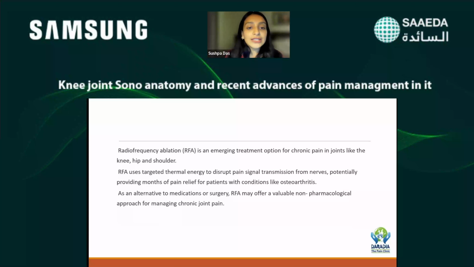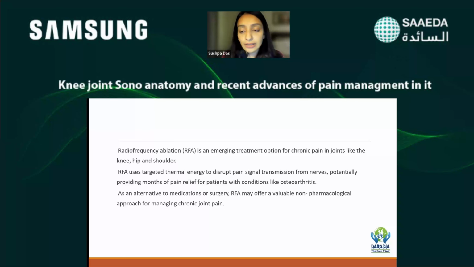So what is radio frequency ablation? Radio frequency ablation is an emerging treatment, and it is becoming more and more popular these days. It produces thermal energy, and what we do is stop the pain signal transmission.